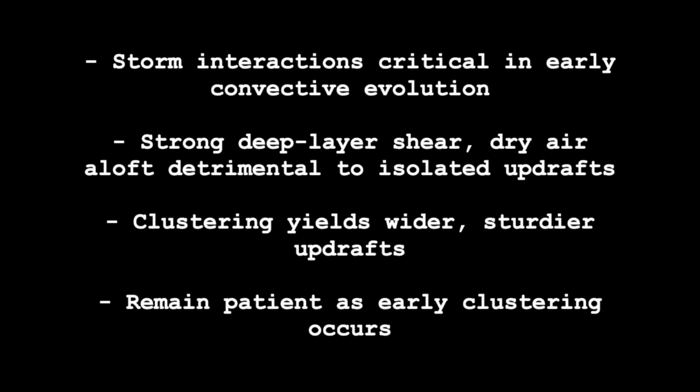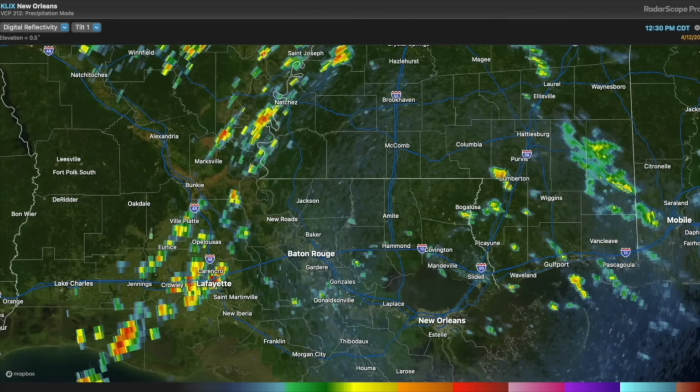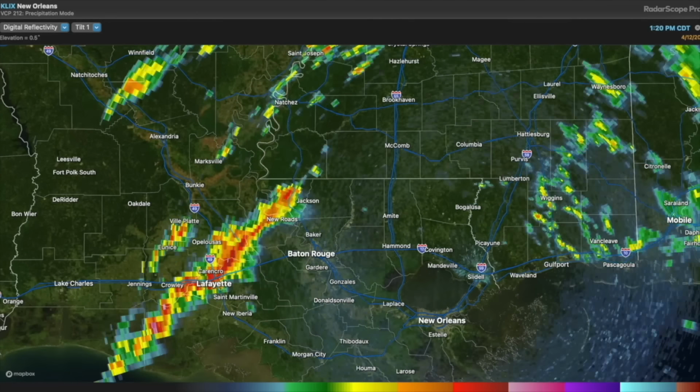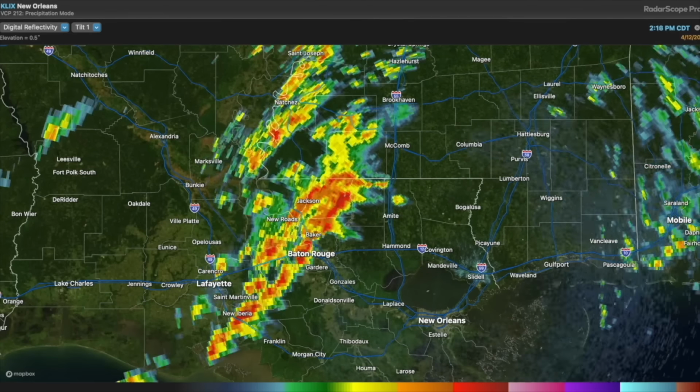For example, let's take a look at the convective evolution in southern Mississippi during the April 12, 2020 tornado outbreak. 60 to 70 knots of 0 to 6 kilometer shear was in place, which is quite strong. Notice how the initial evolution of the convection coming out of Louisiana was extremely messy. This was the result of numerous updrafts clustering together.